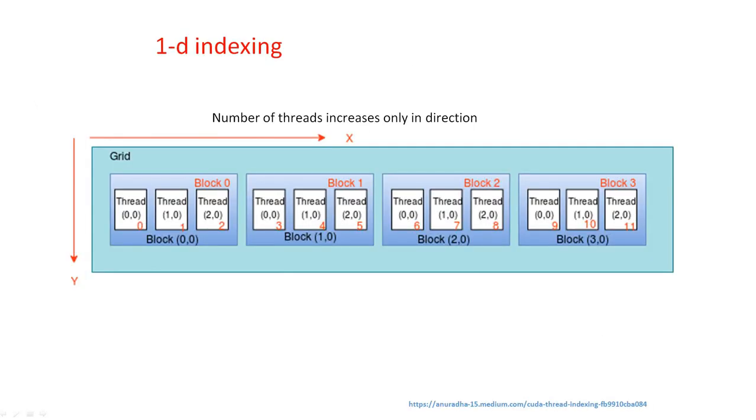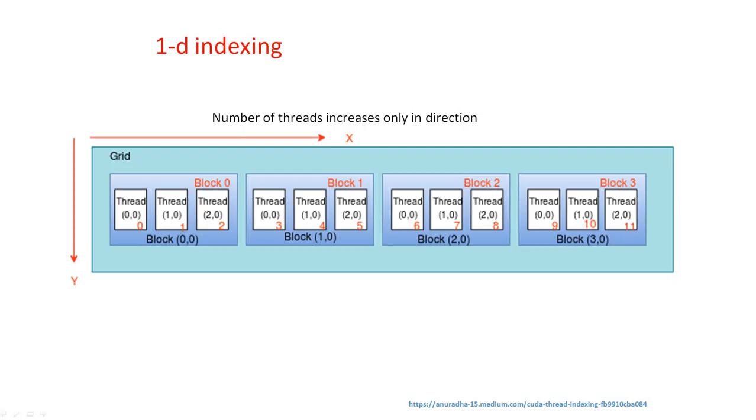Now if you remember, in 1D indexing the threads were from left to right. If you see in different blocks, they can be conventionally written as 0,0; 1,0; 2,0 in every block. When we write in rows and columns, it is 0th row and 0th column, first row and 0th column, like that.